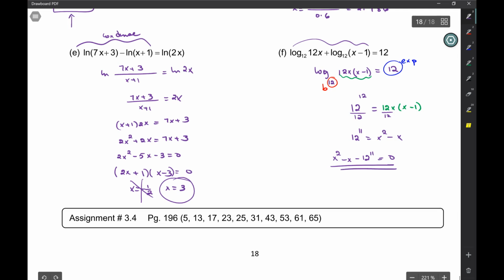I just wanted you guys to do this stuff. 12 to the power of 11? No, 12 to the power of 12. Okay, so base exponent, so 12 to the power of 12 equals this number.